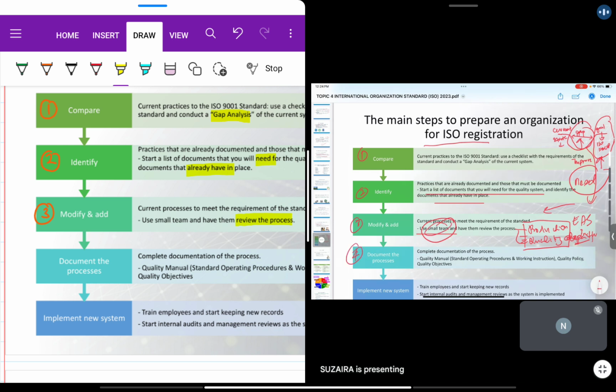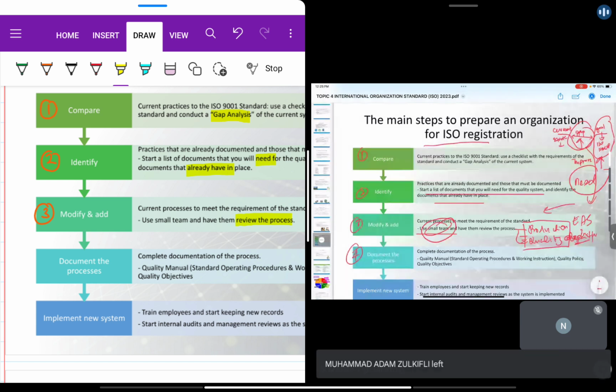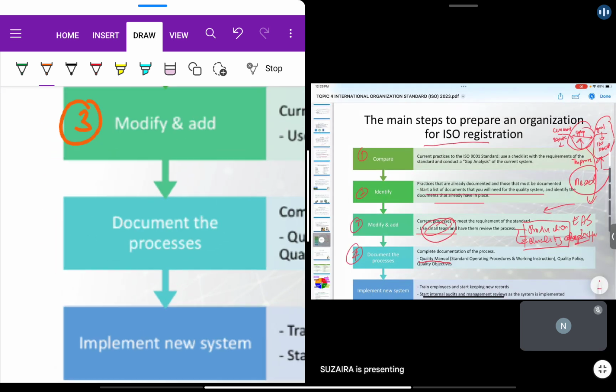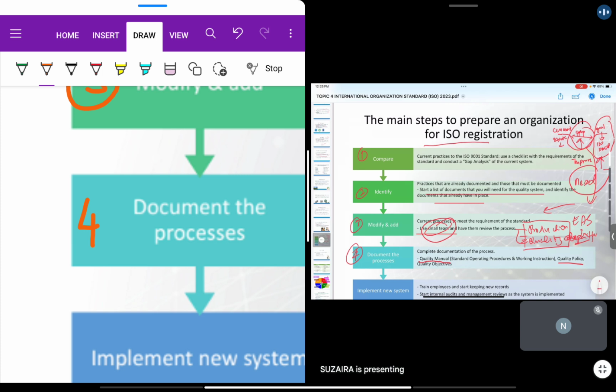Number four is now you need to document the process. Once you have modified and added to the current practices, once you have identified them, now you need to document the whole process. If you look here, the documentation includes a quality manual, quality policy and objective.